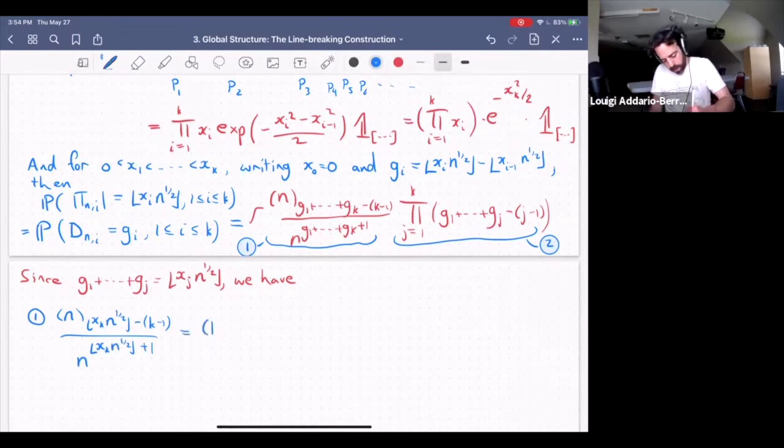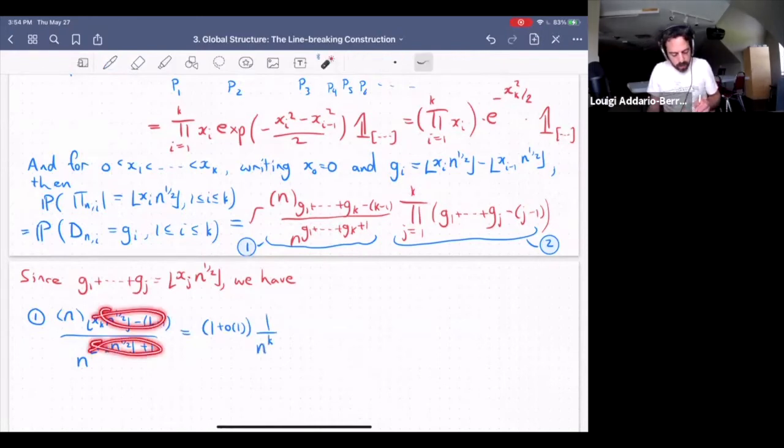That's up to lower order terms. There's a 1 over n to the k factor just because there's an additive difference of k between the number of terms on the top and on the bottom.